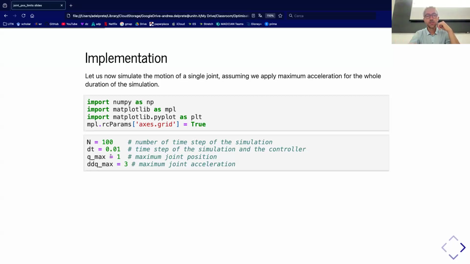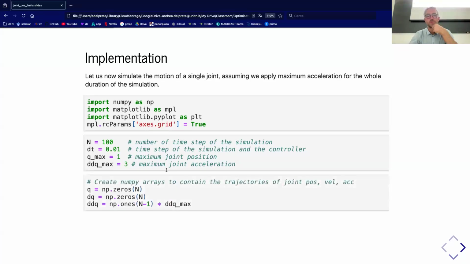And I'm going to assume that my maximum joint position is q max equal 1, and my maximum joint acceleration is q double dot max equal 3. For q double dot, I'm using the symbol ddq in the code, so it stands for dot dot q. Then I'm going to create 3 NumPy arrays of length n for containing the trajectories that I'm going to simulate.